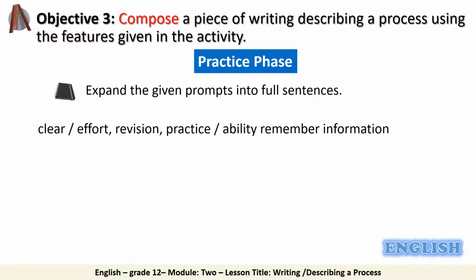Now, to conclude your description, we suggest that you use the following notes: clear, effort, revision, practice, ability, remember information. So please, again, pause this video here and write a suitable answer.